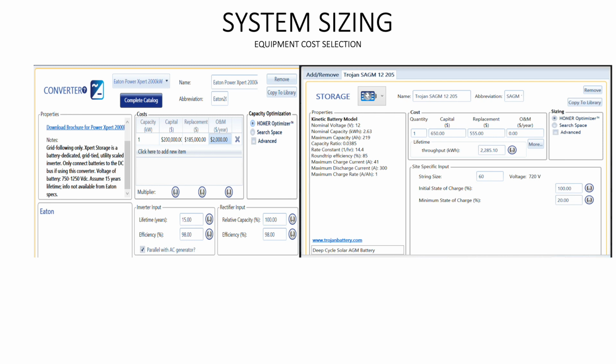Also selected for this project is an inverter which has a capacity of 2000 kilowatts. This inverter is used for converting DC to AC and has a capital cost of $200,000, a replacement cost of $185,000, and operations and maintenance cost of $2,000 per year.